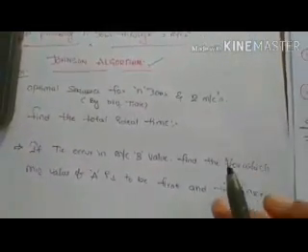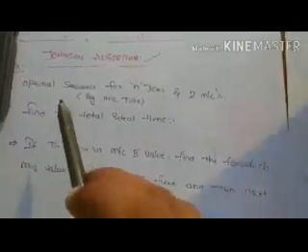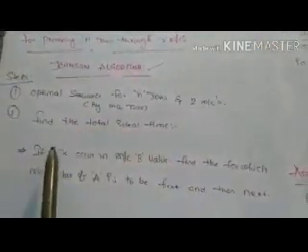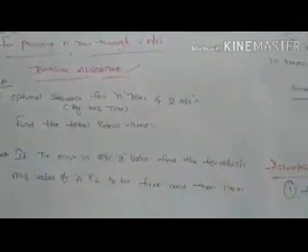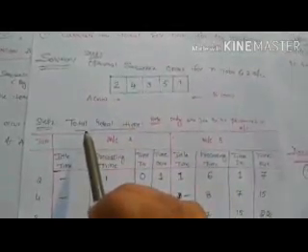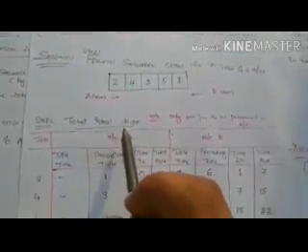Then what is step 2 as per Johnson's algorithm? Find out the idle time. The second one is finding the idle time. For finding the idle time, there is a table here. The first one is job sequencing order, and the second is total idle time.